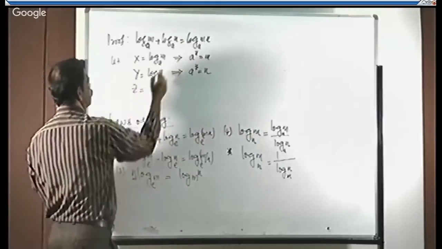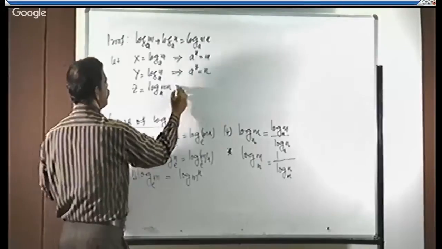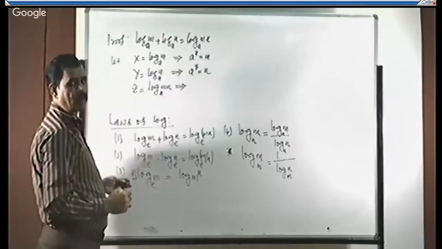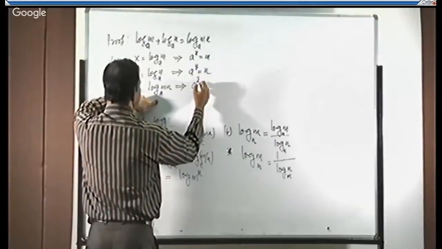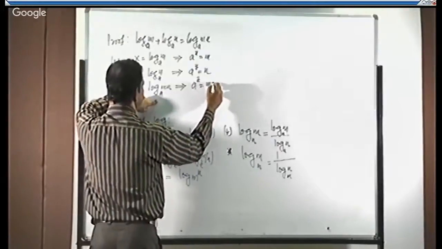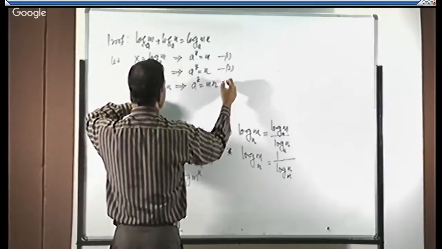And z is equal to log of mn to the base a, which taken to index form is a to the power of z is equal to mn. Consider this equation 1, this 2, this 3.